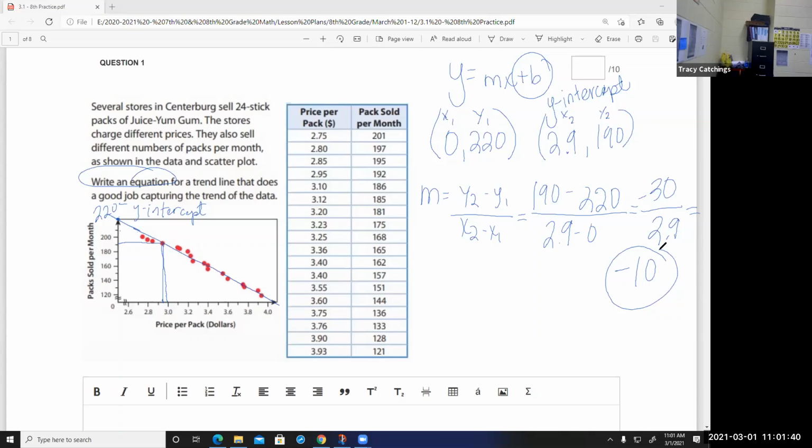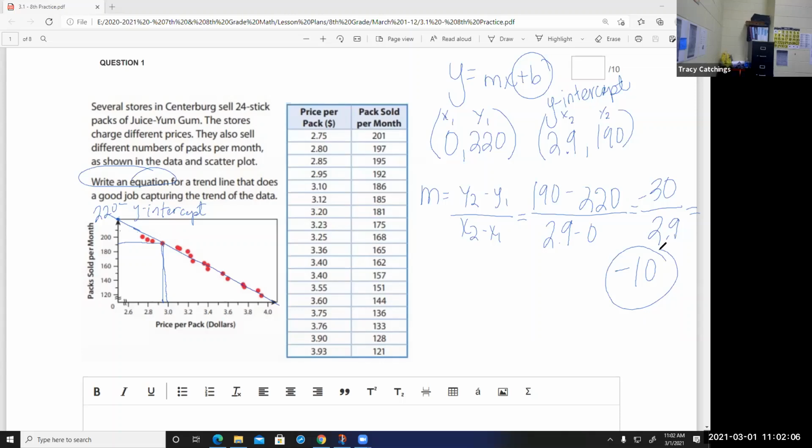And how do we know it should have been negative? Outside of doing that, how do we know it should have been negative? Good job. So that's one way of helping me identify if my slope is correct or not. Since we got a negative line, that means that slope needs to be negative.